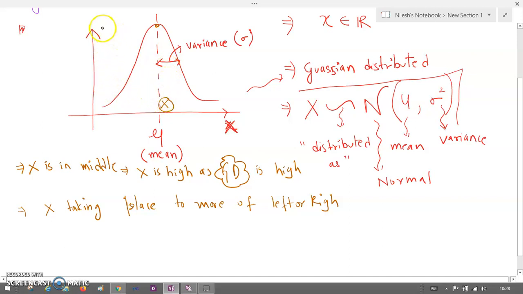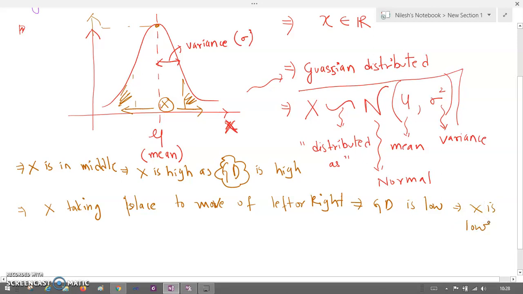That means the Gaussian distribution is high right now, right? However, when x moves to the left or right, this is the lower part of the Gaussian distribution. So if x moves off to the left or right, it means that your Gaussian distribution is low. This is the thing you can tell from the graph.